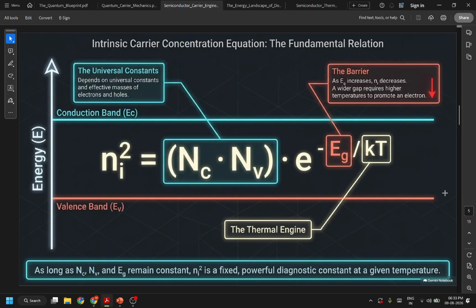Then you have Eg, which is the band gap. As Eg increases, ni decreases. A wider gap requires higher temperatures to promote an electron. Therefore, there will be less thermal excitation, so ni will decrease. And then you have kT, which is temperature. As you increase the temperature, your ni will increase.